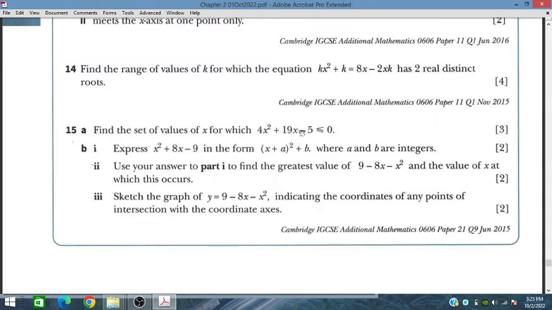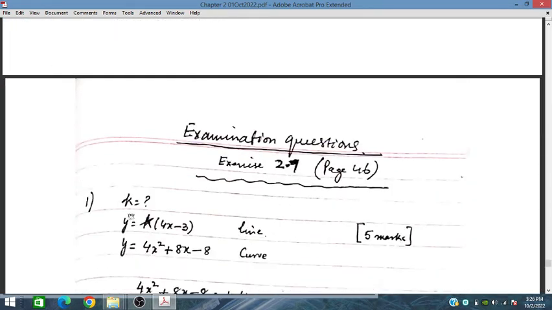First we will solve this one and then solve this one into shape, and from this shape we have these values. For the inverse, for negative we have this negative value. The slope has been shifted or reversed. So sketch the graph, indicating the coordinates of any point of intersection with the coordinate axes. So this has to be solved.